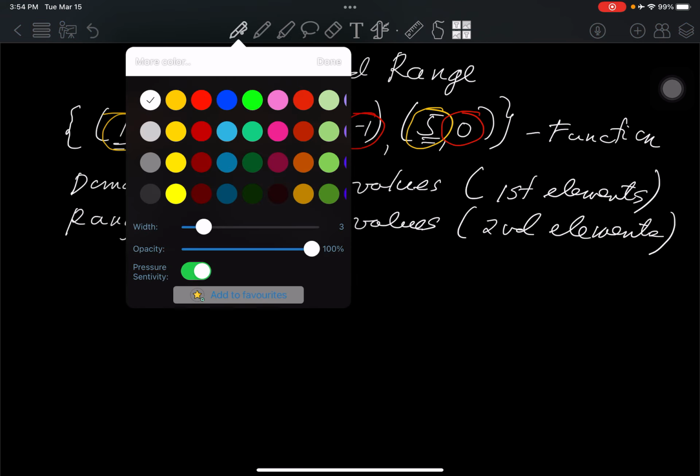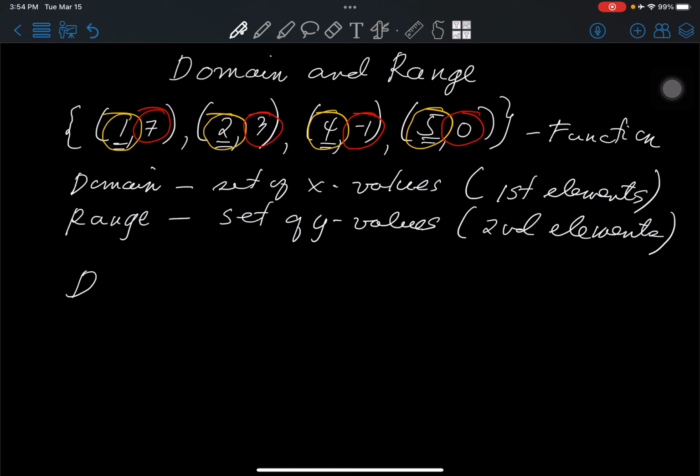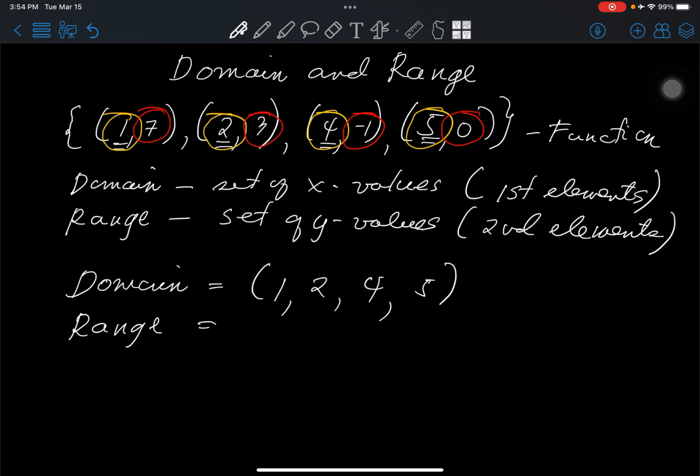So our domain is 1, 2, 4, and 5. Then our range, by simply picking out your y values, is 7, 3, negative 1, and 0.